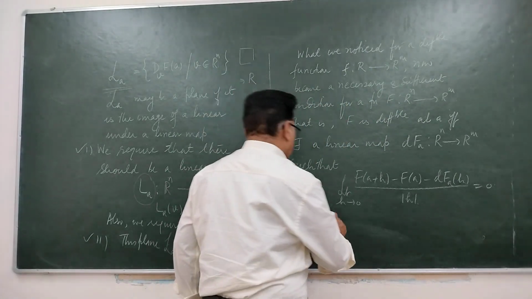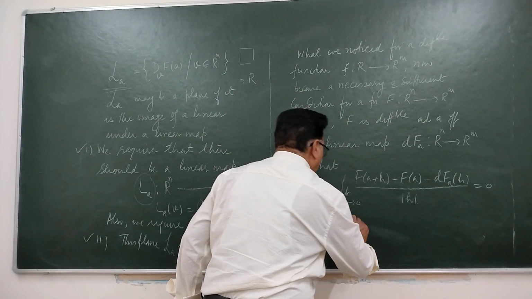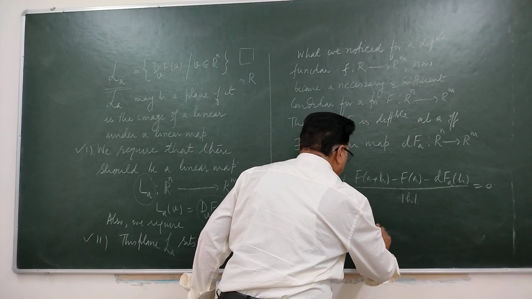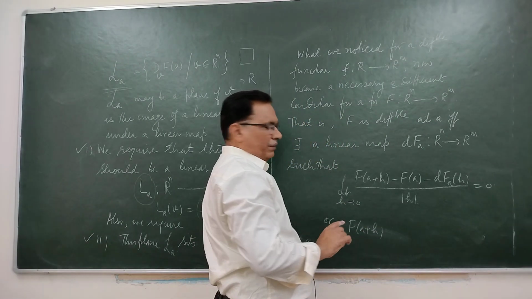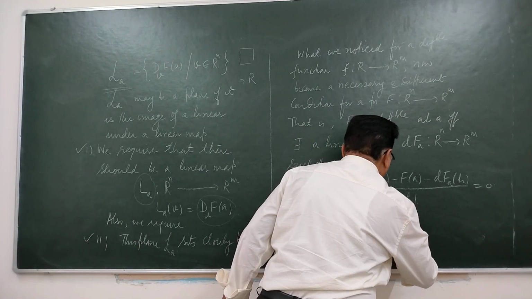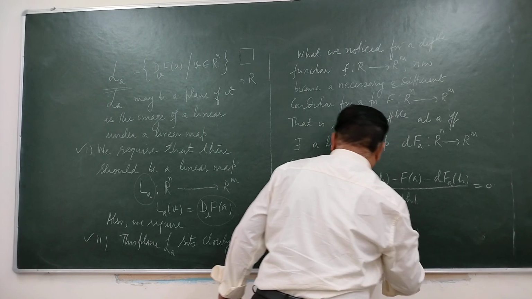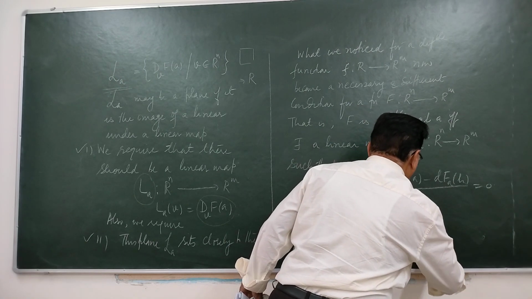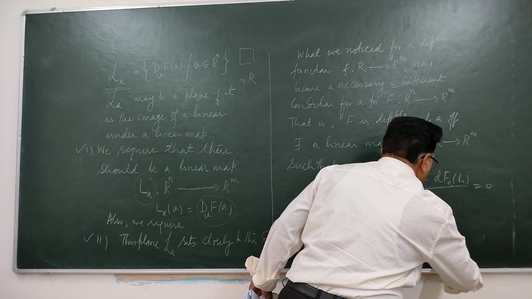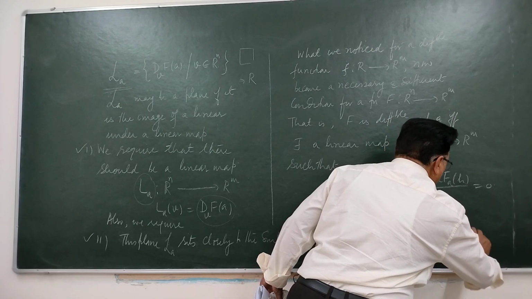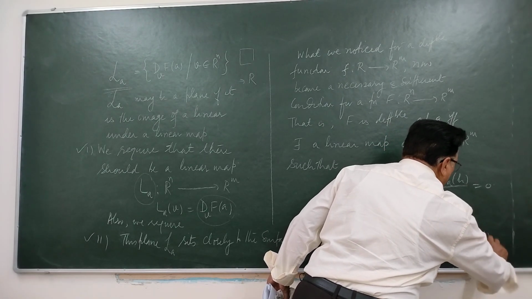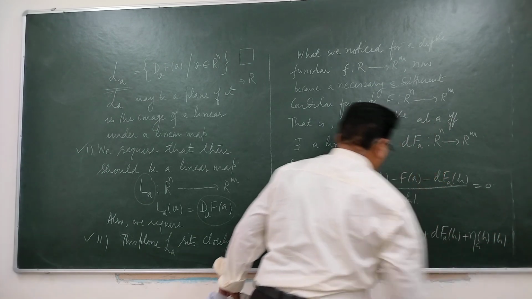This condition you have seen is equivalent to saying that there exists a continuous map eta at 0 also, such that f of a plus h equals f of a plus df_a(h) plus eta into modulus of h.